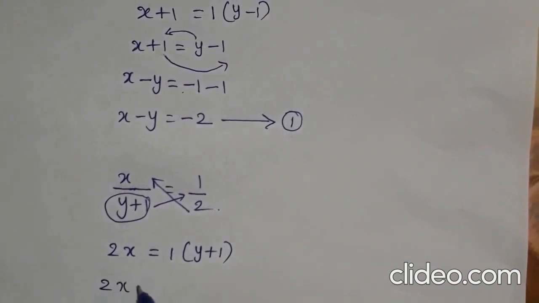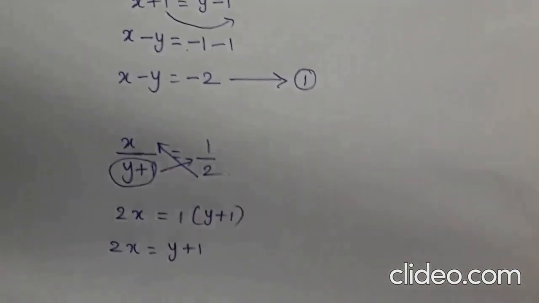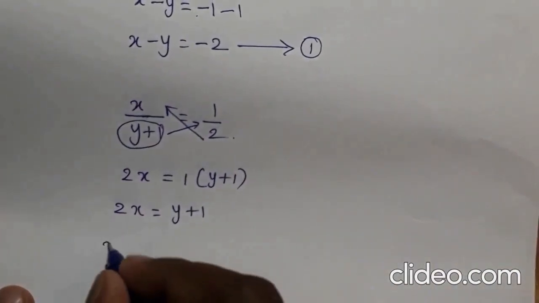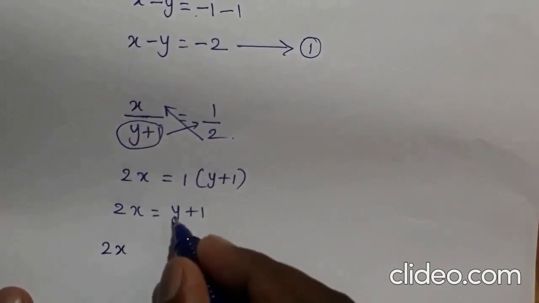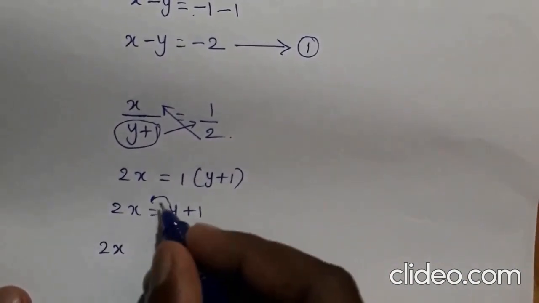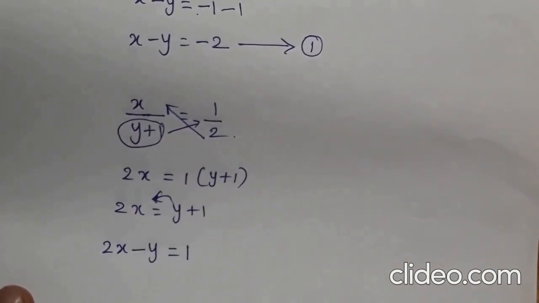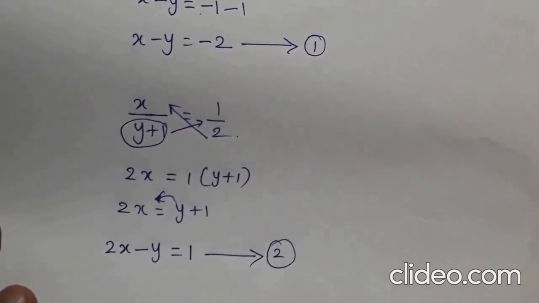So 2x is equal to 1 into anything, you will get the same thing. Next I'm taking variables to one side. So 2x, if you bring y to this side, you will get 2x minus y is equal to 1. So we got the equation, and we can keep this one as equation 2.